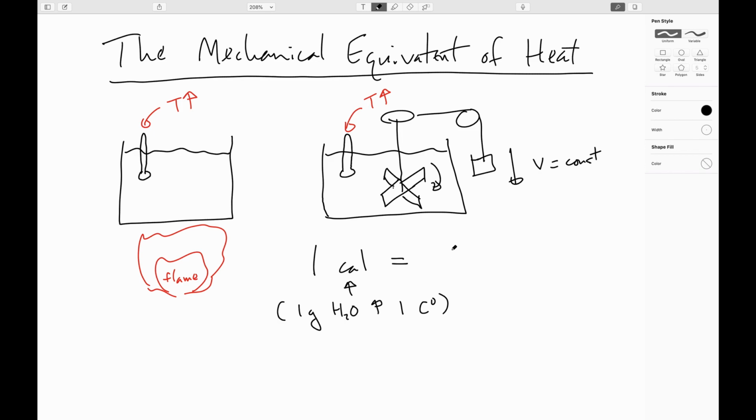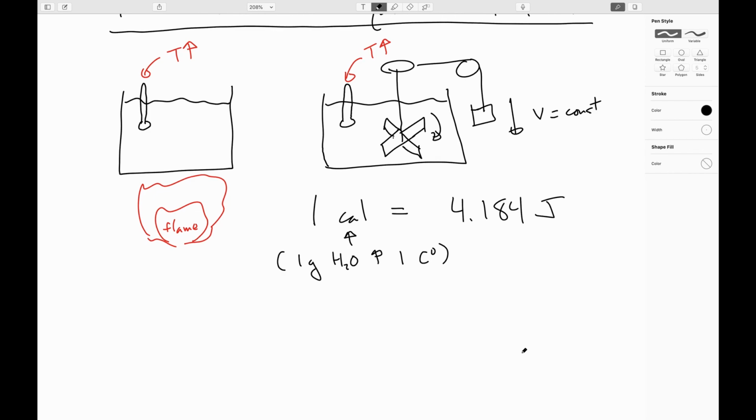It turns out that this is equal to 4.184 joules. So if you do 4.184 joules of work on 1 gram of water, you'll also raise its temperature by 1 degree. And so we now understand the calorie to be a unit of energy, and this is the equivalence.